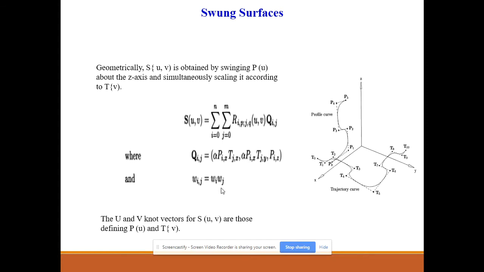Geometrically, S of u, v is obtained by swinging P of u about the z-axis and simultaneously scaling it according to the trajectory curve.